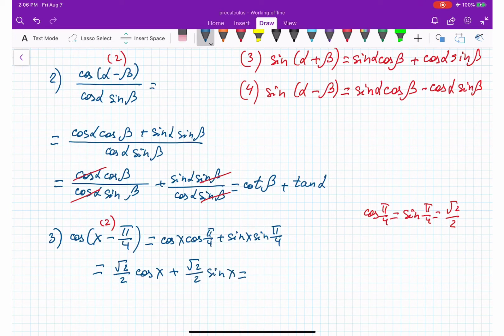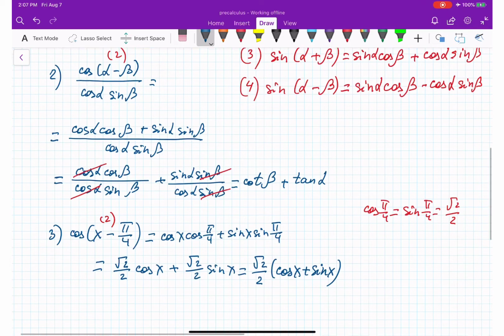And if I take square root 2 over 2 as a common factor, whoever needs to refresh memory about common factor, look in the same playlist, because I have a recording there on common factor. Okay, then we get cosine x plus sine x. Here we already simplified.